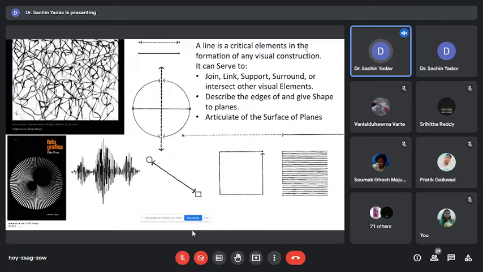Line is a critical element in the formation of any visual construction. It can serve to join, link, support, surround, or intersect other visual elements, describe the edges of and give shapes to the planes, articulate the surface of the plane.